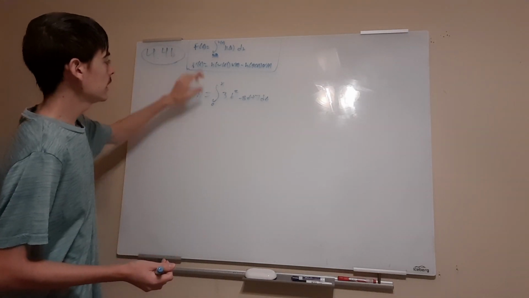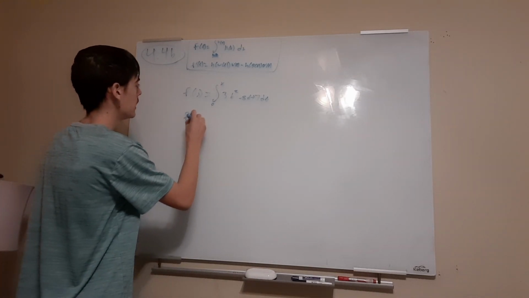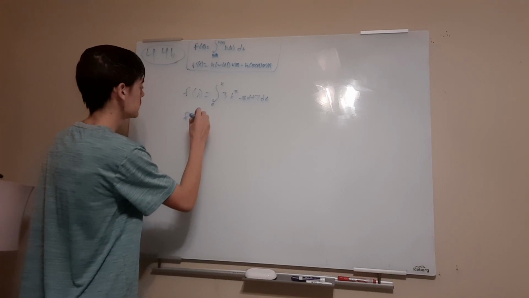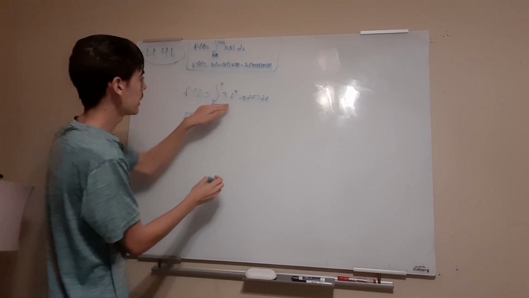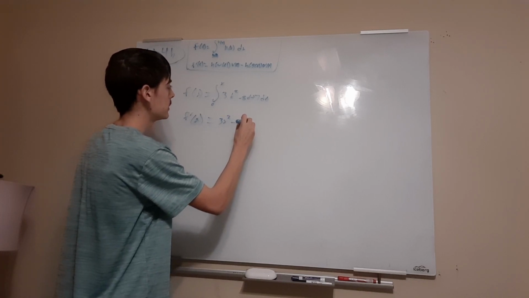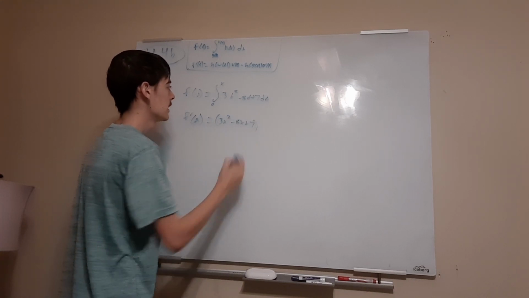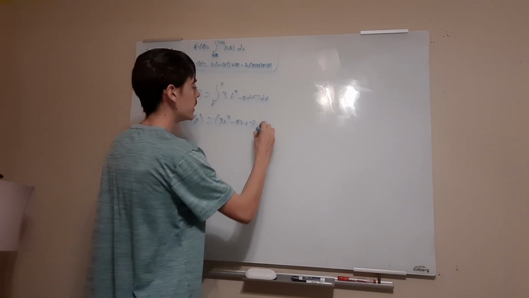Use this formula, and so we can take the derivative of the function. So f prime of x will equal, we have to plug in the top bound, so plug in x to all of these. We will get 3x squared minus 8x plus 7. Then again, we multiply by the derivative of the top bound. Derivative of x is just 1.